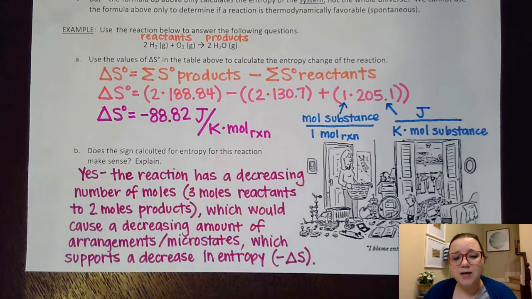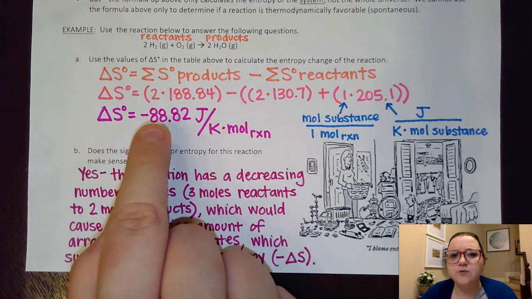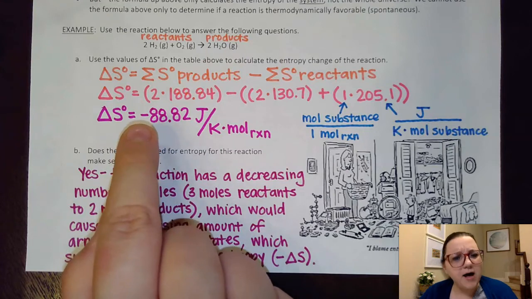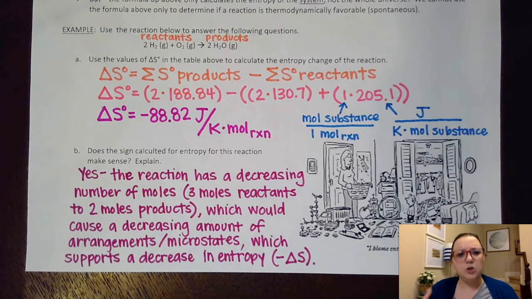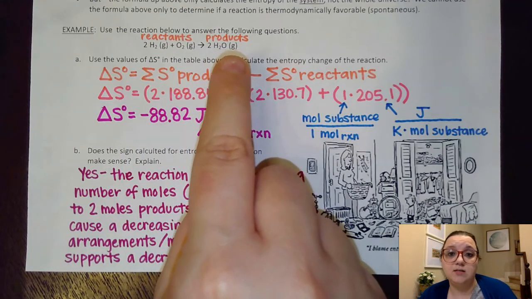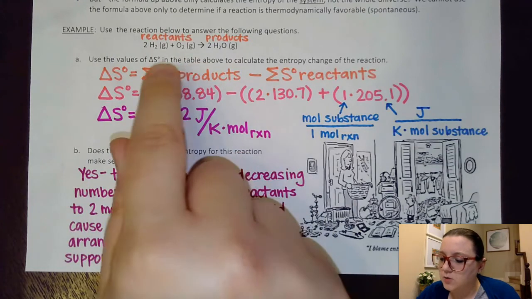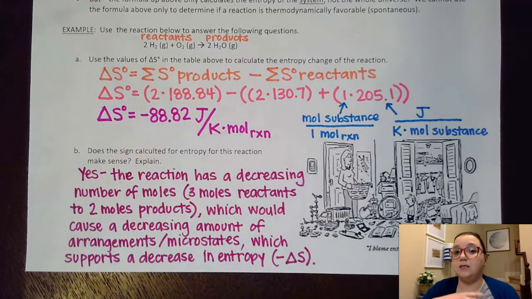And so I want to ask myself, well, does this negative make sense for the change in entropy? A negative value would indicate a decrease in the entropy. So let's look at this reaction here. Let's see if a decrease in entropy makes sense. Now, the first thing I would always want to check are states, because states are almost more important than the coefficients are. But I notice here that everything is maintaining as a gas throughout.